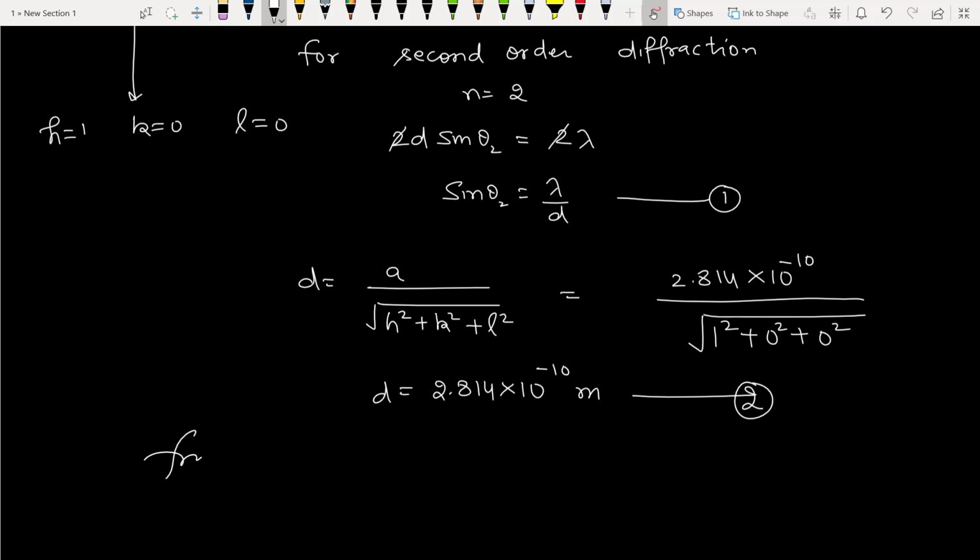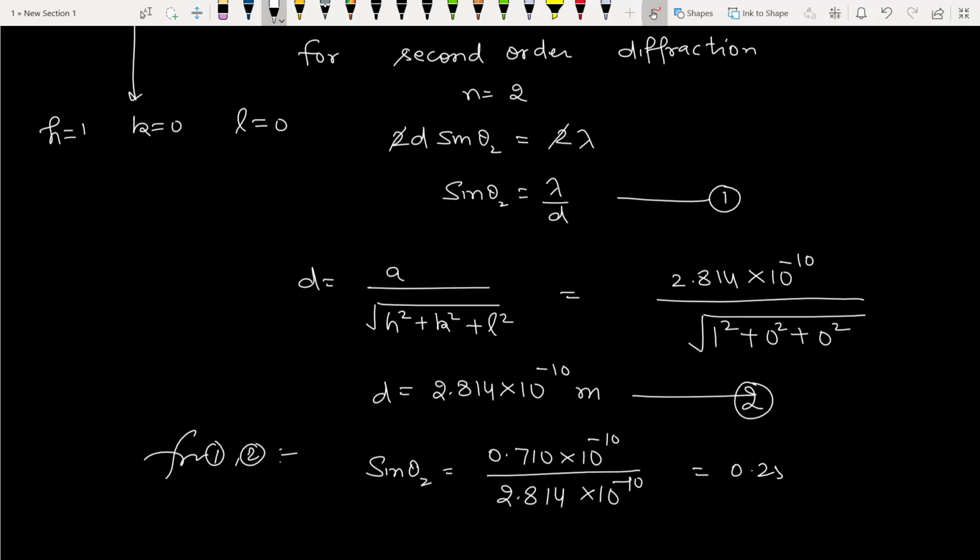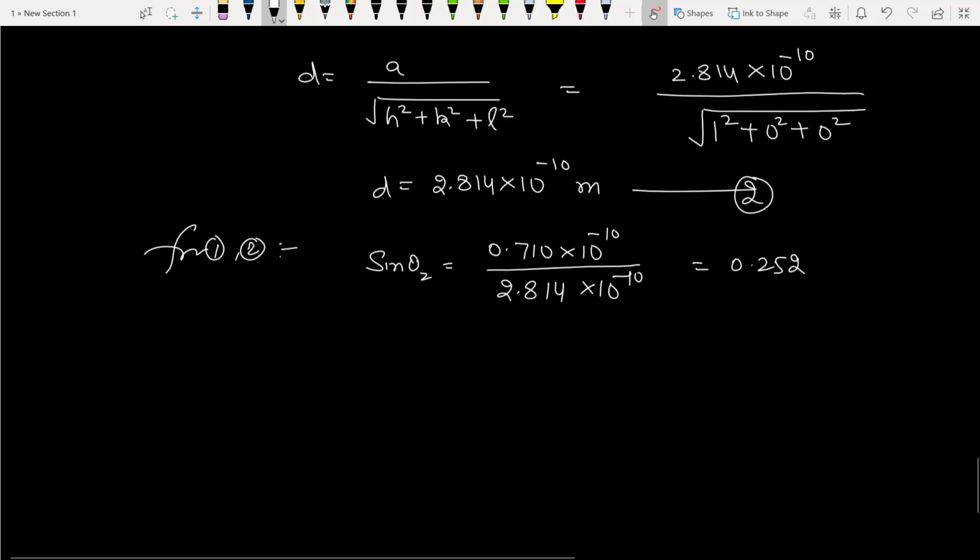So from equations 1 and 2 we can get the angle for second order diffraction. Lambda is 0.710 angstrom and d is 2.814 into 10 raised to power minus 10. If we solve this, sine theta 2 is 0.252.